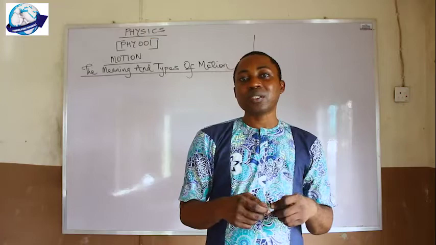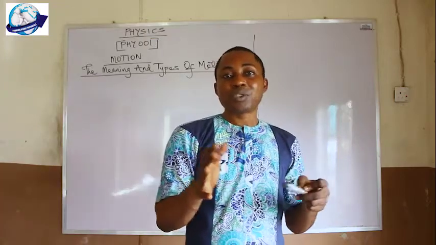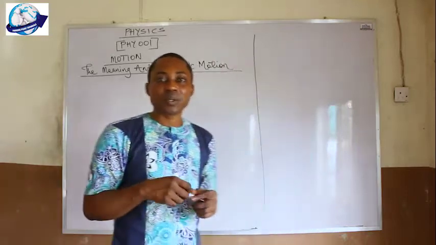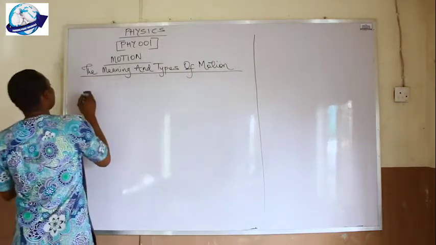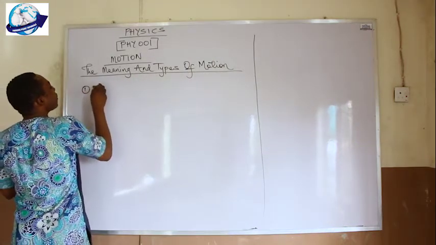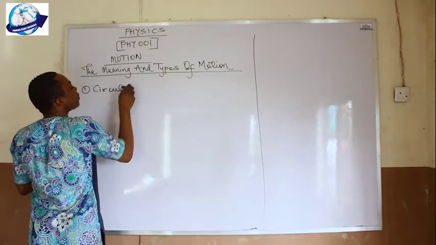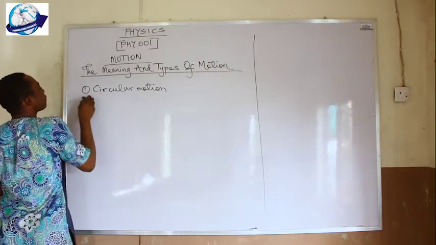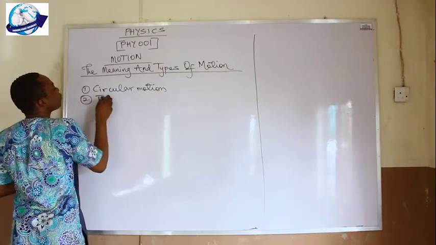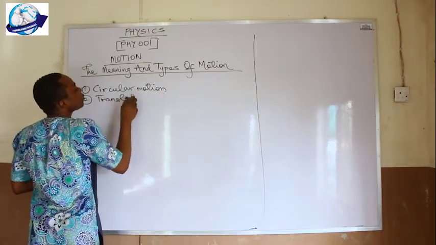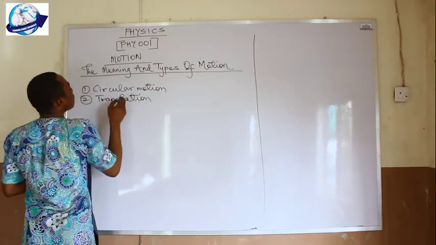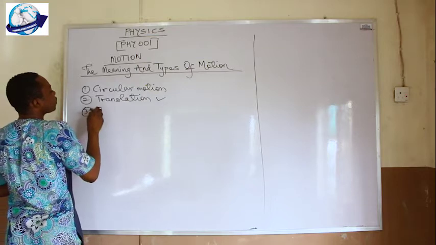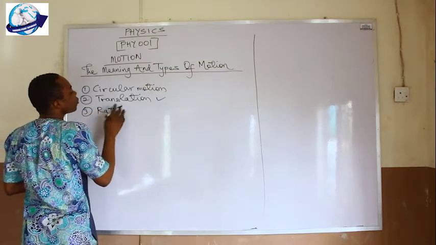Now we should understand that there are different types of motion. One is circular motion. Number two, we have translational motion. Number three, we have rotational motion, or rotary motion.